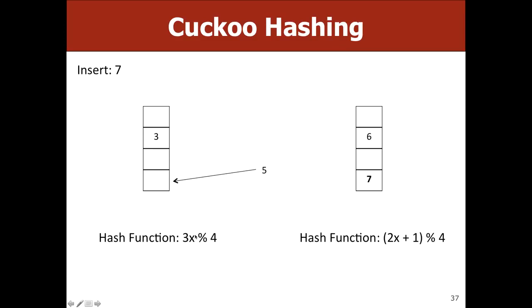And so then this would be putting in this spot, right? So add becomes a little bit longer, because you could imagine maybe there was something already in this spot, and then you have to move that back over to this table, and so on and so forth. But what's really cool is when you search for contains, you only have to look at these 2 spots. You don't have to look anywhere else. So contains is really, really fast, because it maxes out at only looking at 2 elements.